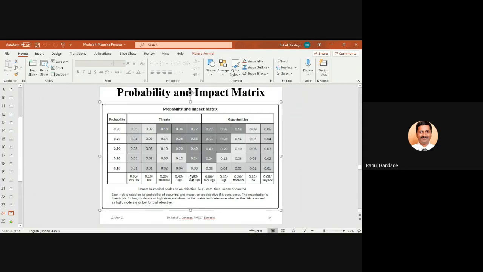As I have discussed, the effect of any risk category is calculated as probability multiplied by its impact. So 0.9 multiplied by 0.8, you can see it is 0.72.